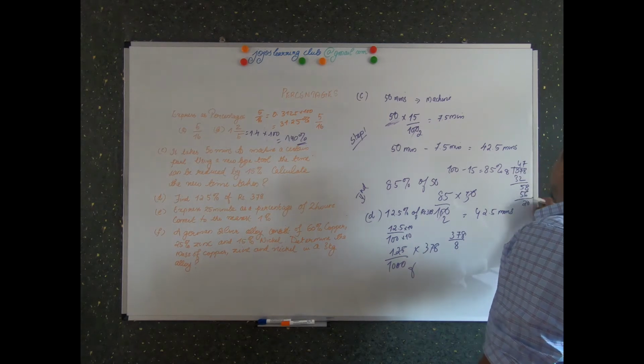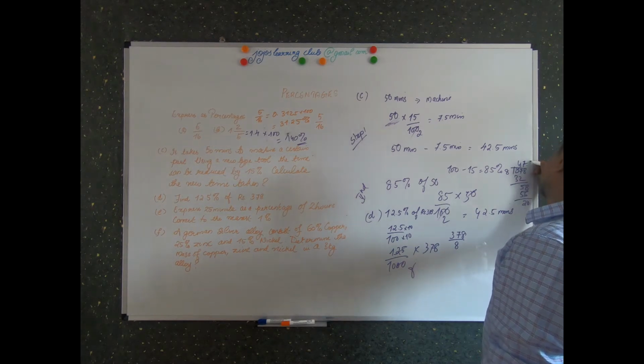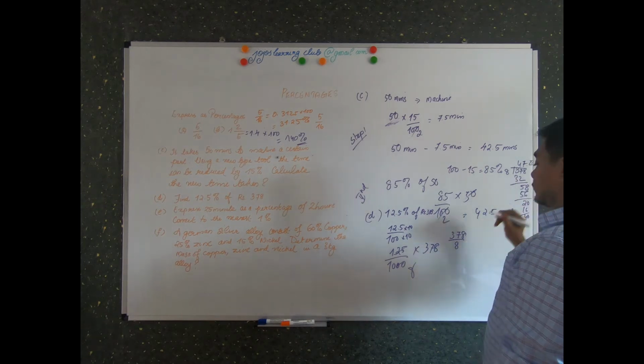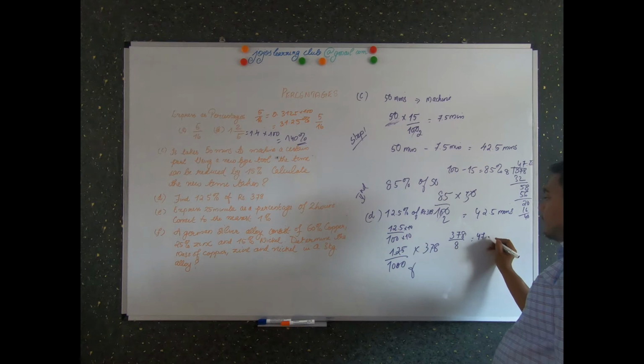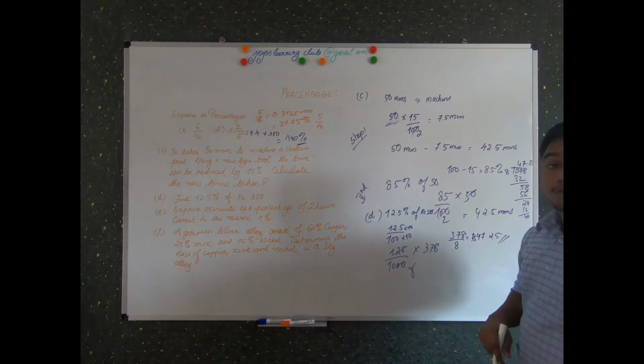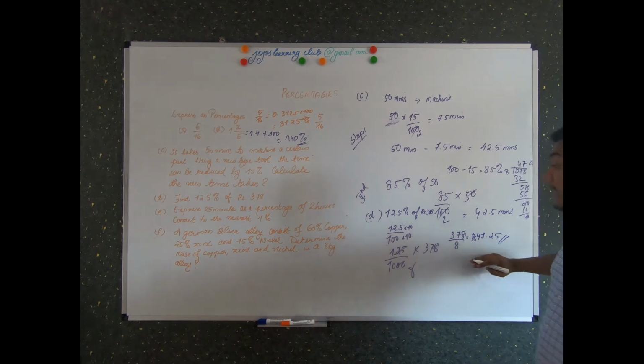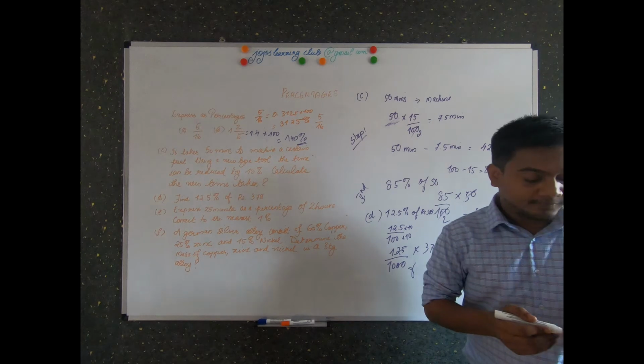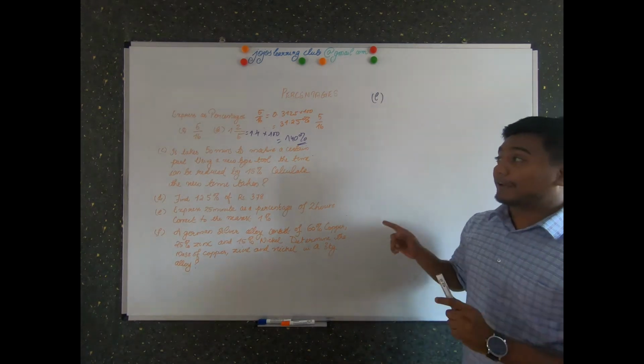I get a remainder 2, then 20 again. 8 twos are 16, then 40. So the answer is 47.25 rupees. So this is 12.5% of 378. I hope it's clear.